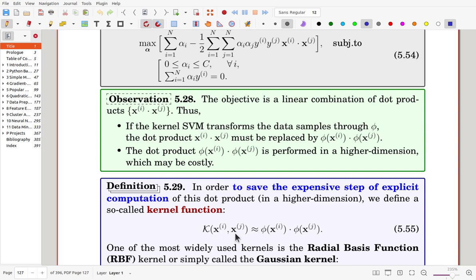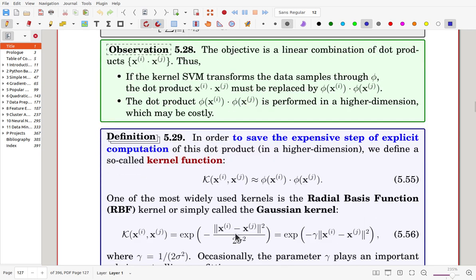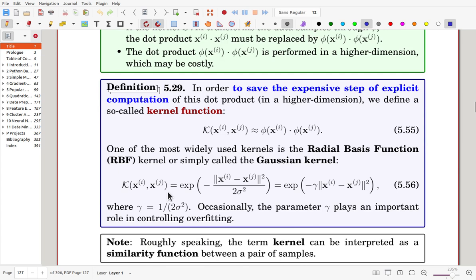One of the most widely used kernels is the radial basis function, RBF, or simply called the Gaussian kernel, which is defined in this way. If xi and xj are near each other, then the norm will be small, so that the exponent of negative gamma times this norm squared will be around 1.